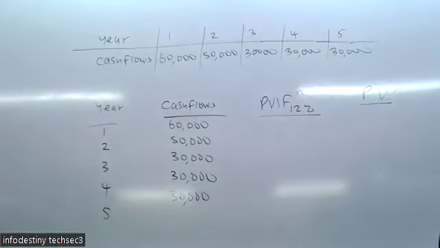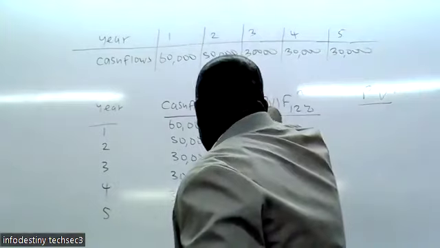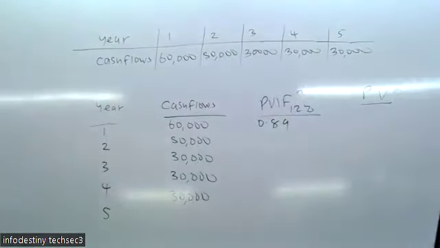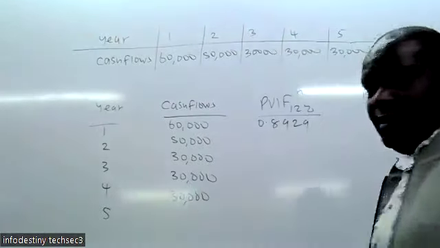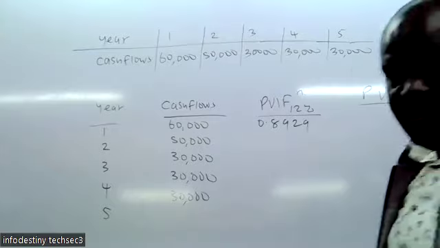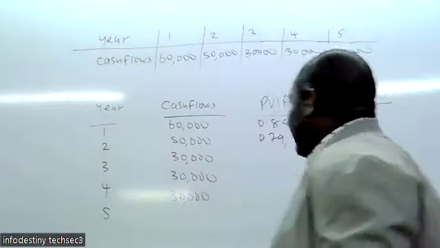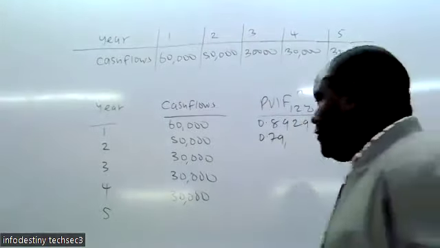So 12% in year 1 is 0.899. Then year 2 should be 0.7972.